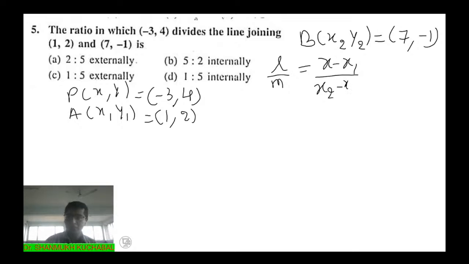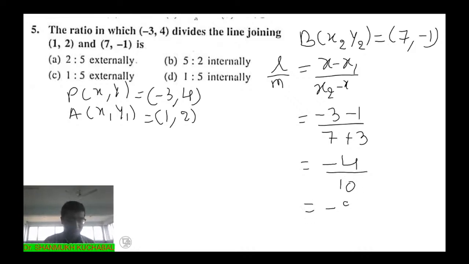Substituting, we get minus 3 minus 1, divided by 7 plus 3, which is minus 4 divided by 10, or minus 2 divided by 5.